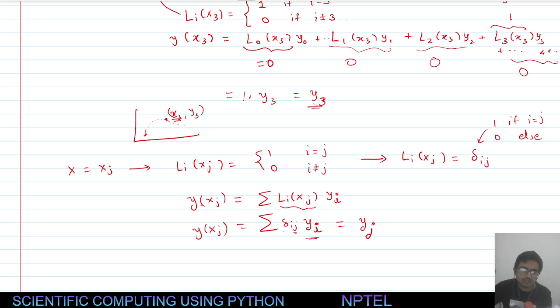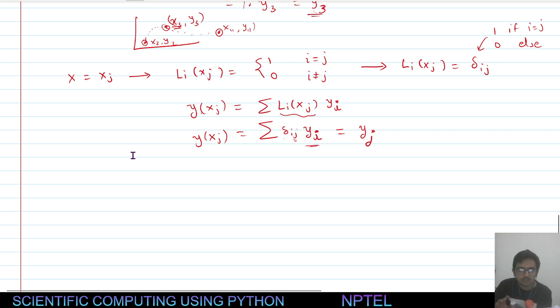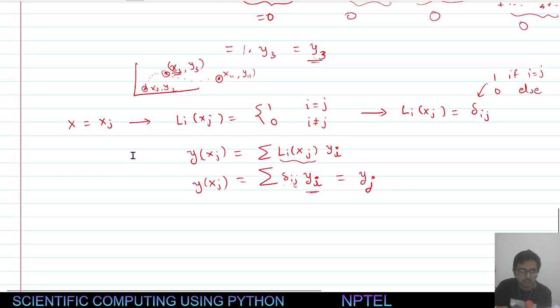So as I said, this 3 was arbitrary. The same will happen for x2, y2 also, and the same will happen for x11, y11 also. And that is a requirement of interpolation, that it should pass through all the given data. Whether it's a good requirement or bad requirement, that is subjective, but this is a requirement for interpolation.